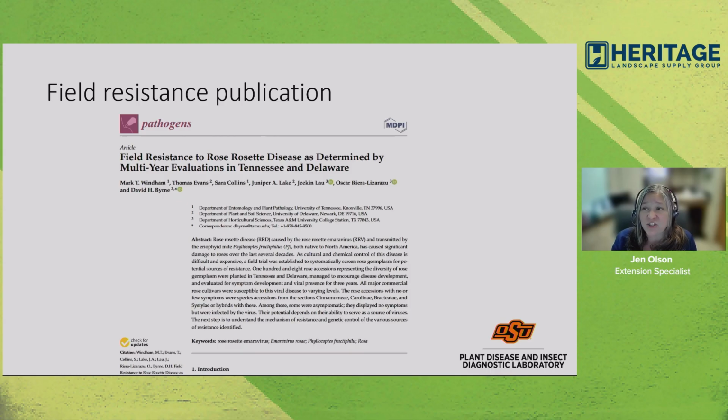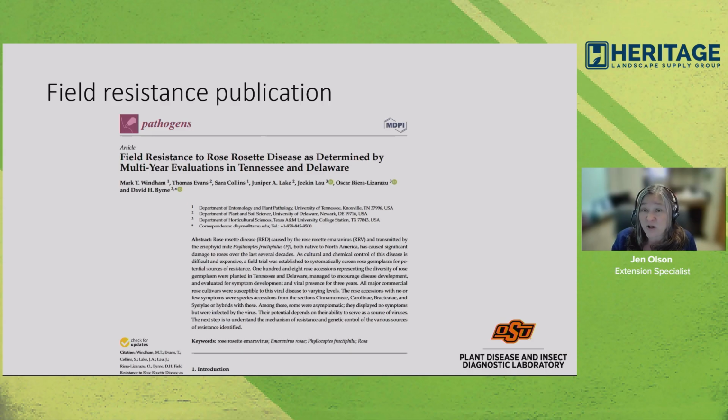This is a publication about field resistance, where they actually planted out roses in highly infested areas and monitored these plants to see if they developed symptoms, then categorized whether or not they showed resistance or tolerance to rose rosette.